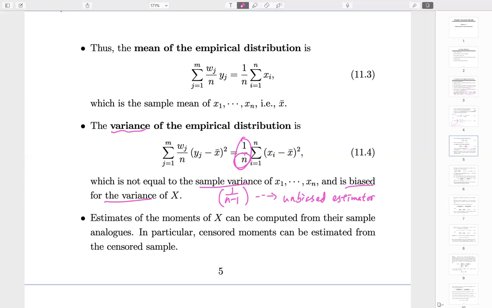In order to make it unbiased, you need to divide by n minus 1. But the difference is probably negligible if n is big enough. When n is large, the difference is almost nothing. So 11.4 and the sample variance tend to be very, very close.